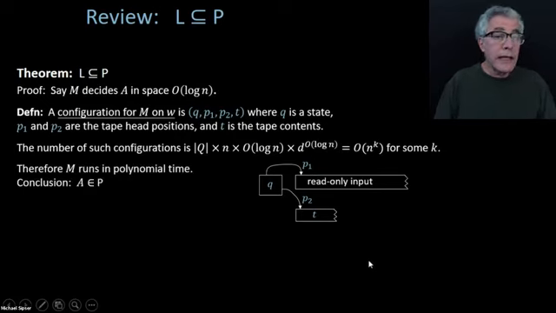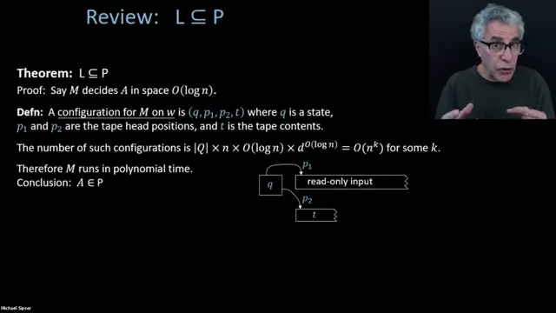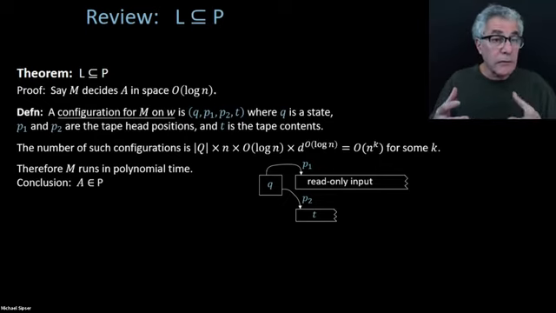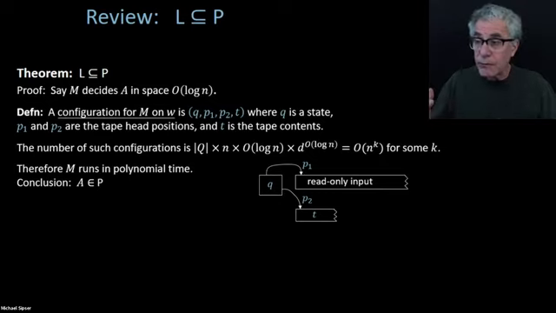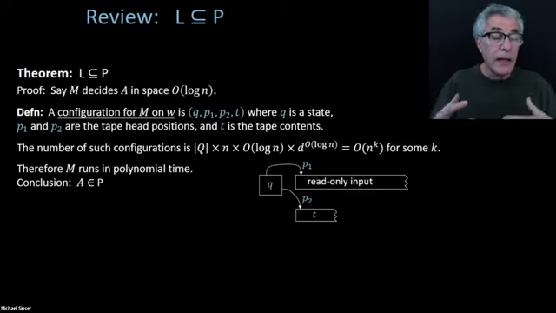And so any machine that runs in log space, provided it always halts, and we always assume our machines always halt, can only run for a polynomial number of steps, because that's as many different configurations as they have. If they ran for, say, an exponential number of steps, they would have to be repeating configurations, and then they would be looping.